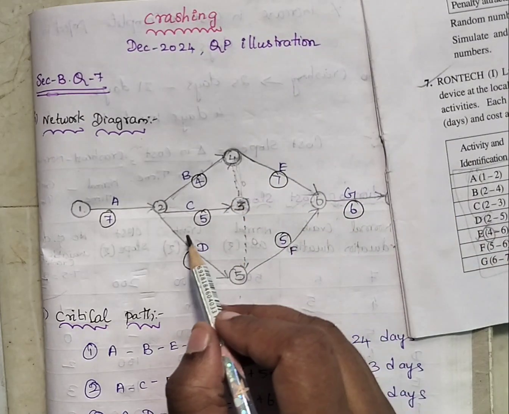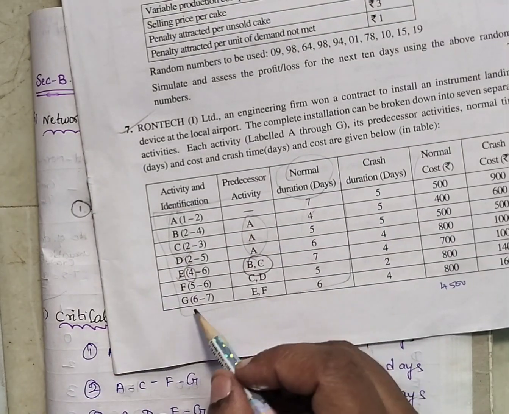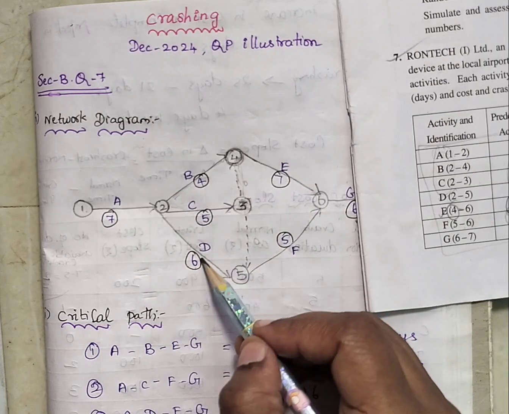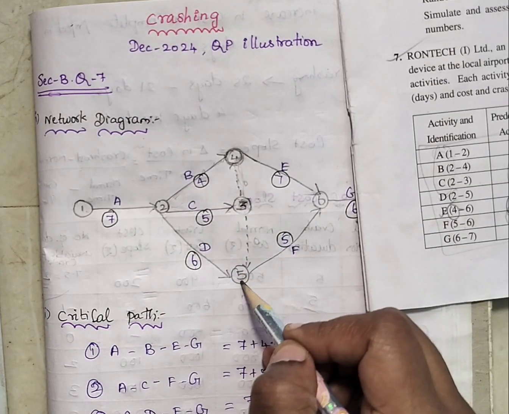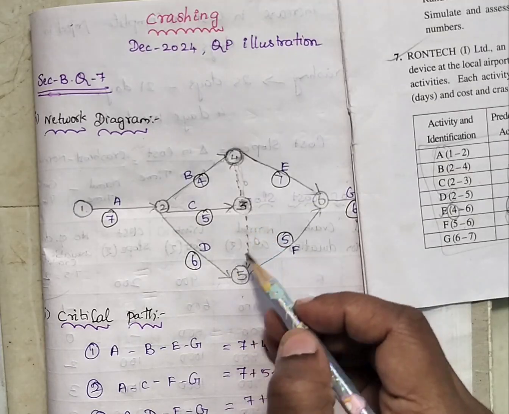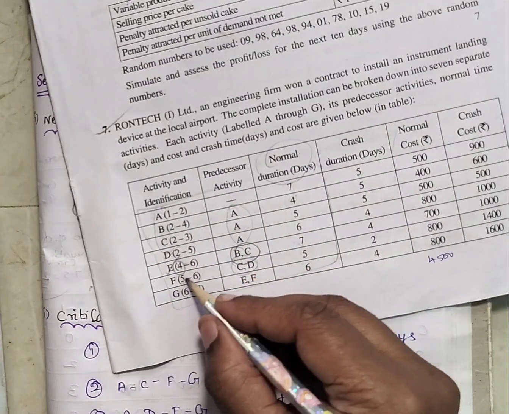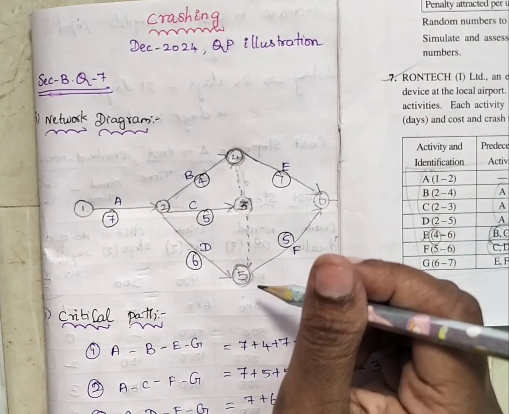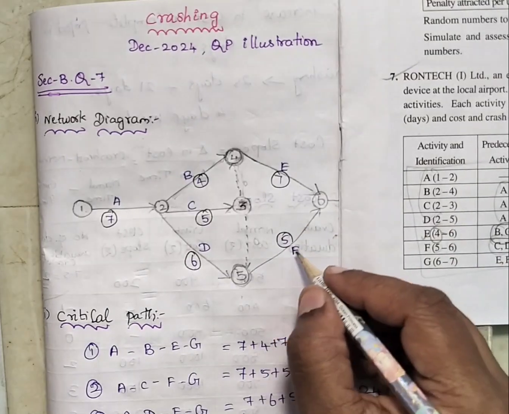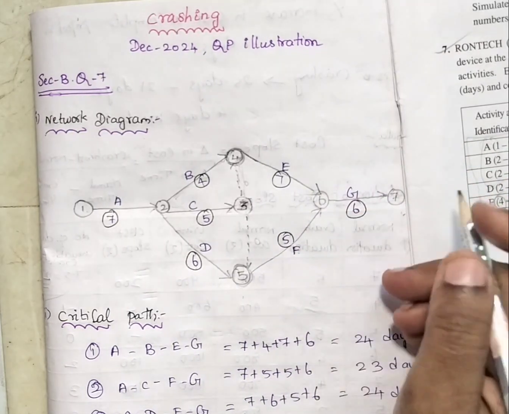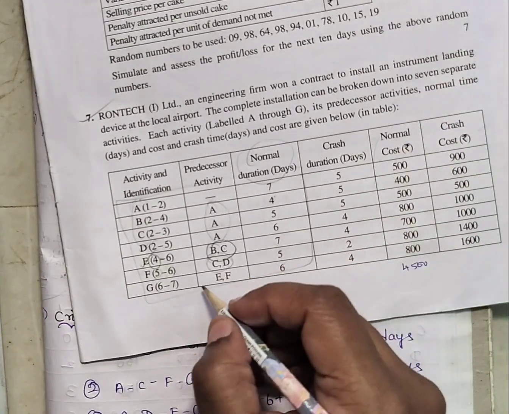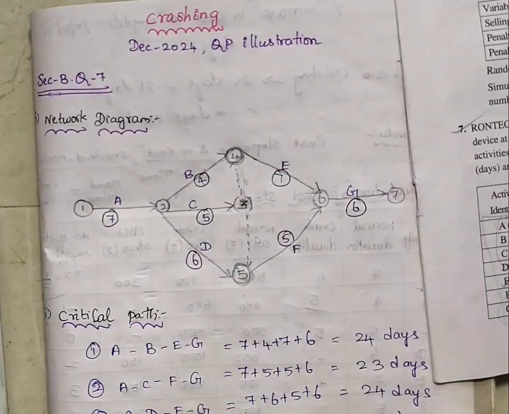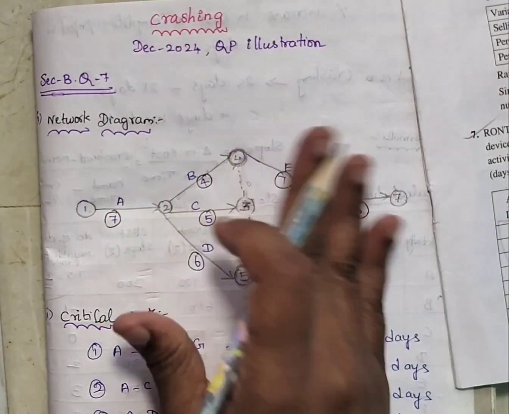Like that, for F activity, 5 to 6, the preceding activities are C and D. This is C, this is D. Through this dummy, C is connecting to node 5, the starting point of F. And for 6 to 7, the preceding activities of G are E and F. Like that we have finished the network diagram.